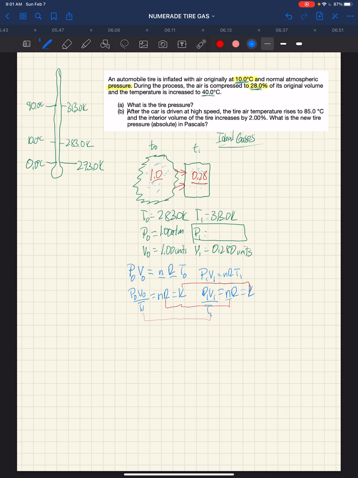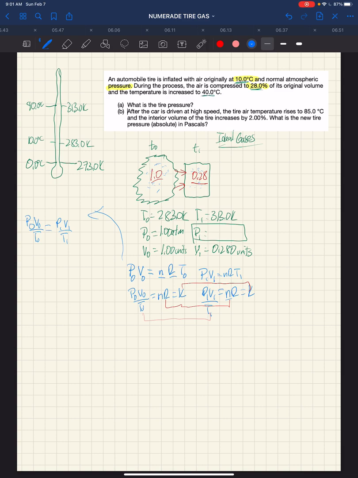So we end up with a statement, and I'll move this up over here, that P0 V0 over T0 equals P1 V1 over T1. Now some of you may say, oh yes, we recognize that as the combined gas law.